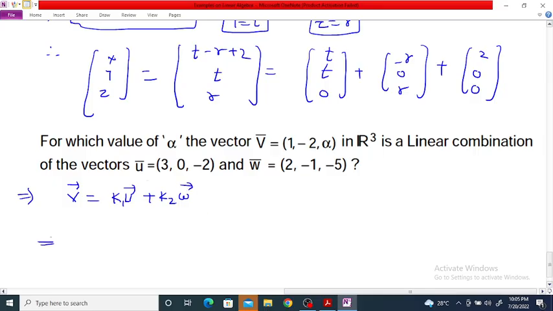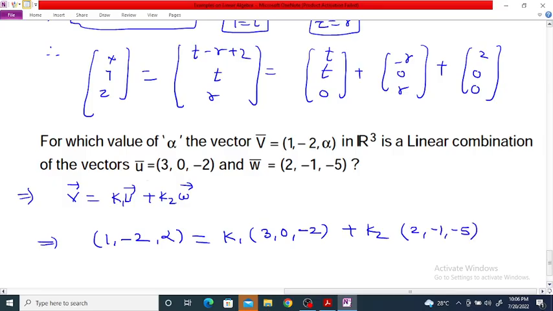So what is v bar here? V bar is (1, minus 2, alpha) equal to k1 times u bar, which is (3, 0, minus 2), plus k2 times (2, minus 1, minus 5).